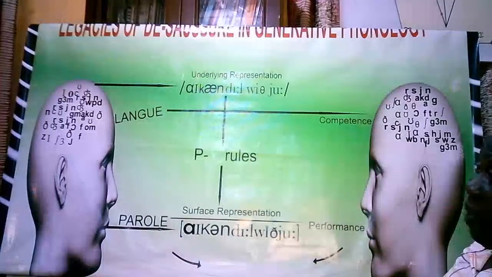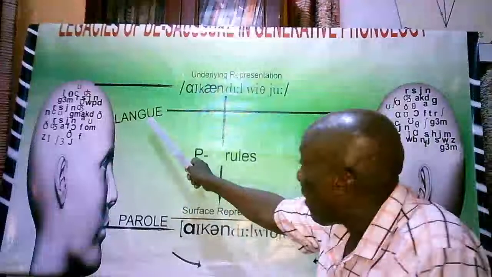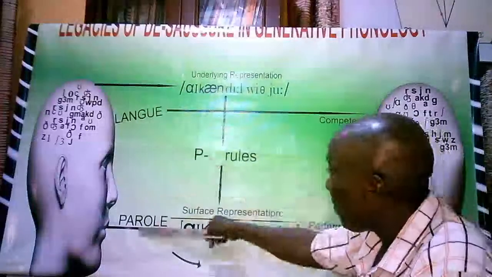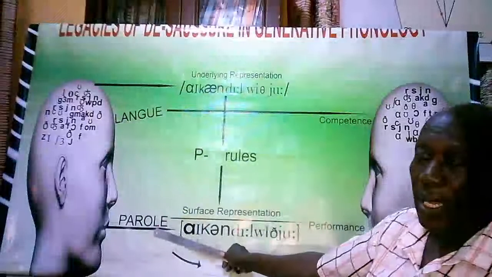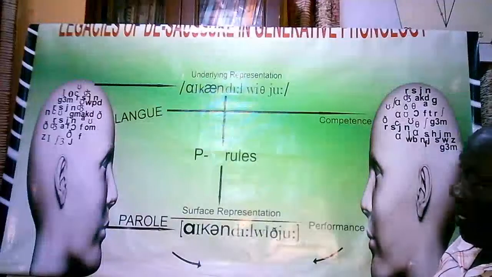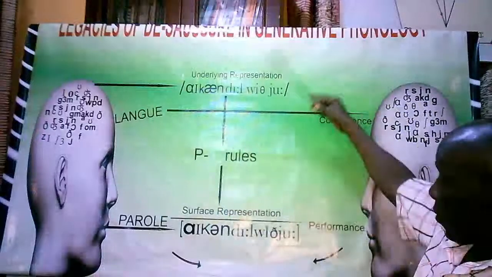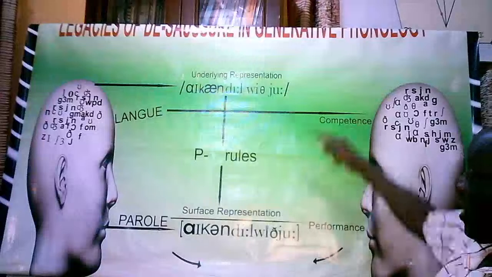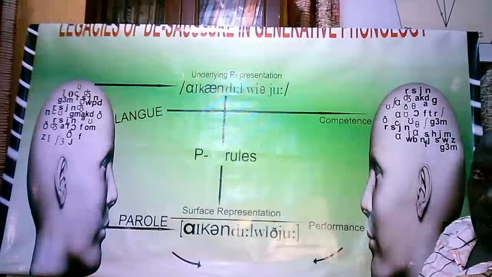We are all familiar with Ferdinand de Saussure's theory of langue and parole. Langue is the language in the mind. Parole is the performance in the production of the language. That is the basis of the principles which was later developed by Chomsky for the realization of generative phonology, which we are discussing in this course.